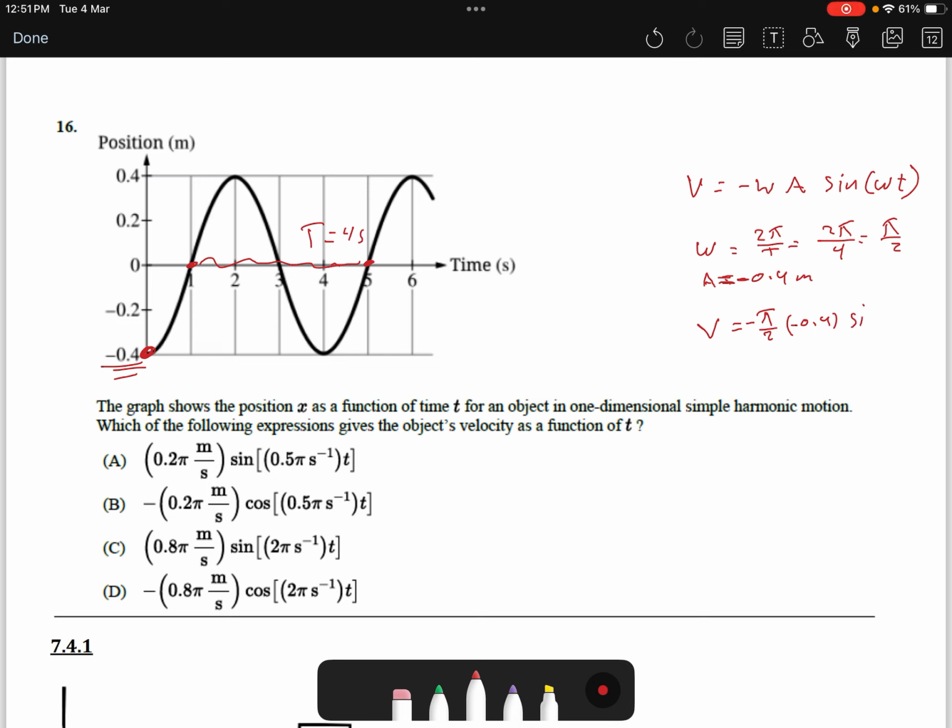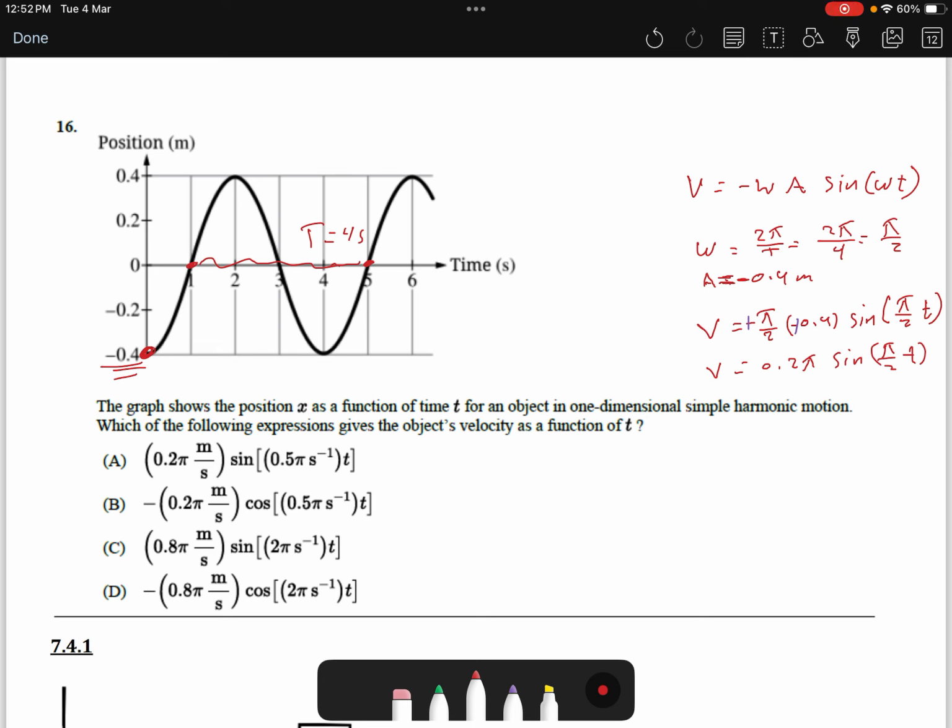Times sine pi over 2 times t. So the answer will be V equals 0.2 multiplied by pi times sine pi over 2 times t.